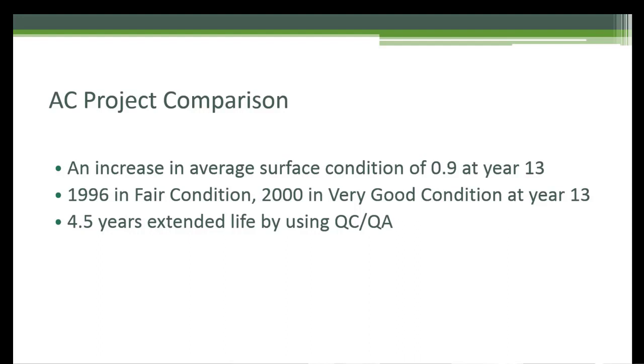So if you run the numbers and just do the projection, that's about 4.5 years of extended life. And a lot of this comes about because of QC/QA, because we're testing, we get what we measure. And so we're trying to measure and test what we're aiming at, and we're getting better criteria. So that kind of closes off this first module.